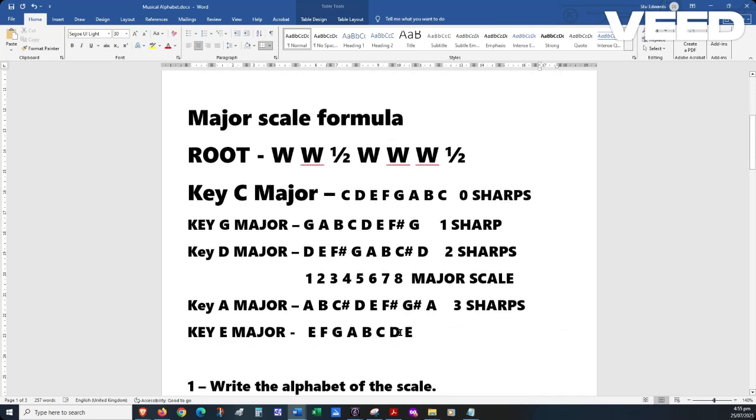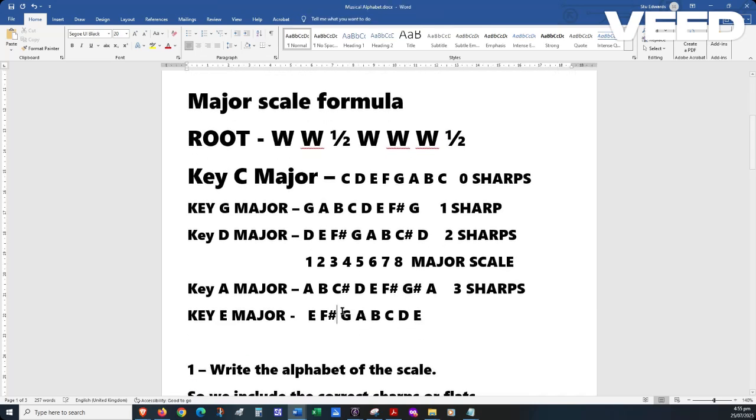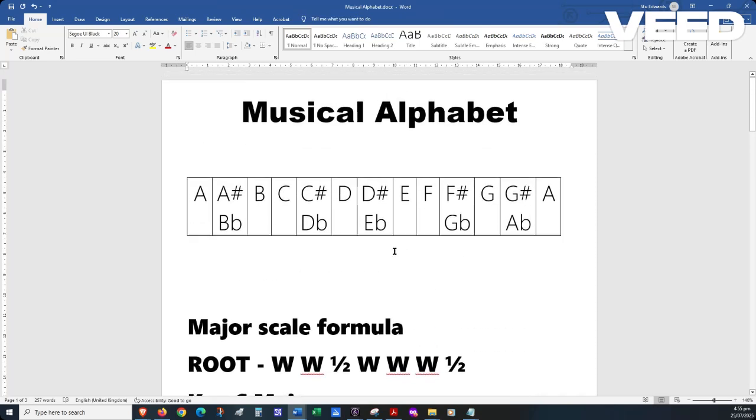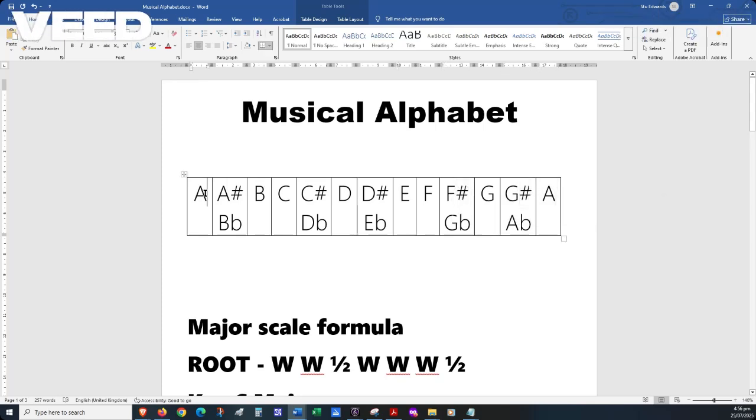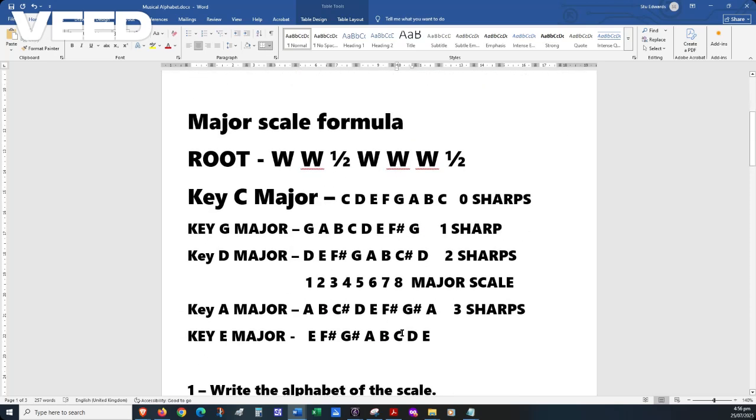So we had F sharp and we had G sharp. So I'll do that again, whole, whole, half. Now we're going whole, whole, whole, half. So there's C sharp and there's D sharp.